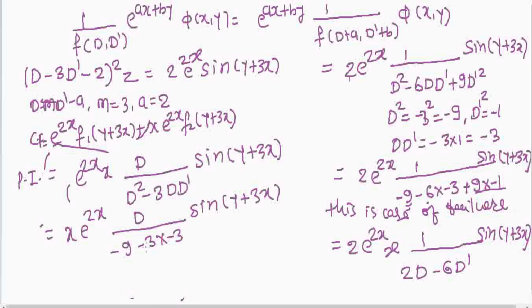Then you can see that plus 9 and minus 9 will be 0. Again we get a case of failure.